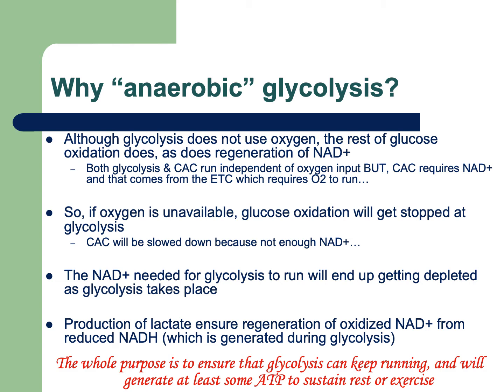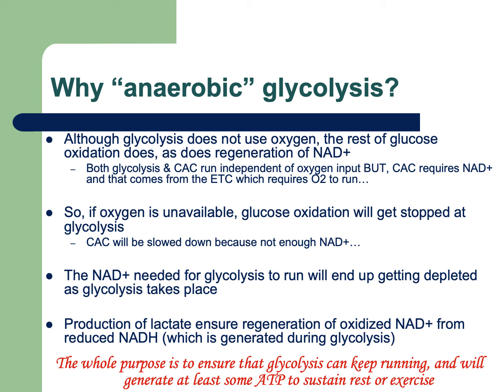But the citric acid cycle runs by using NAD that's created from the electron transport chain. Remember, the electron transport chain requires oxygen to run. So if oxygen is unavailable, glucose oxidation, the whole process, will get stopped at glycolysis. The citric acid cycle will be slowed down because there's not enough NAD from the electron transport chain.